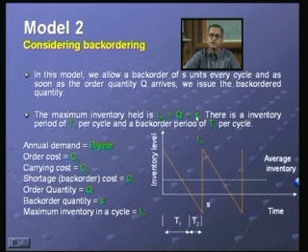Q and S are the independent variables, and the two cycles T1 and T2 also depend on Q and S. So annual demand is D, order cost is C naught, carrying cost is CC, shortage cost or back order cost is CS, order quantity Q and quantity that is back ordered S are the variables, and the maximum inventory IM depends on Q minus S. These are the various parameters that we will be considering in this model.